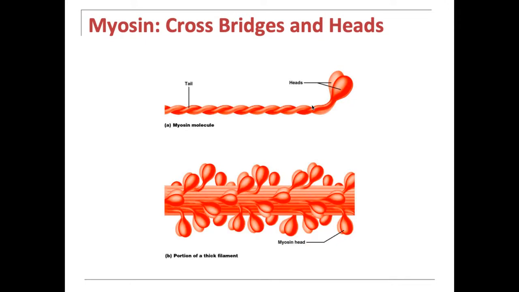It can attach to the binding site on actin, and when it does, then the wrist flicks and creates this slide, the sliding filament theory of making a muscle contract. So myosin bends here, makes contact, and then it bends here, creating the movement of actin. Okay.